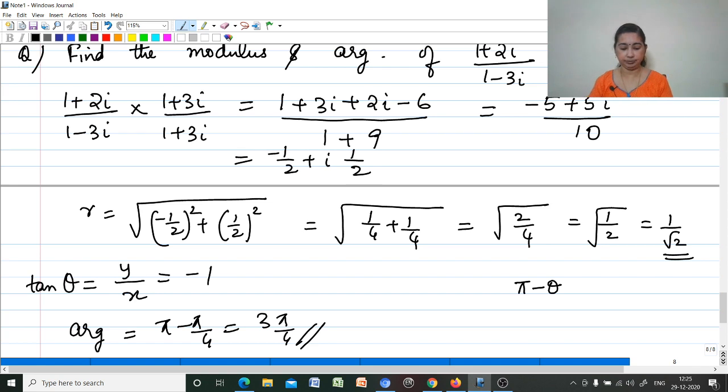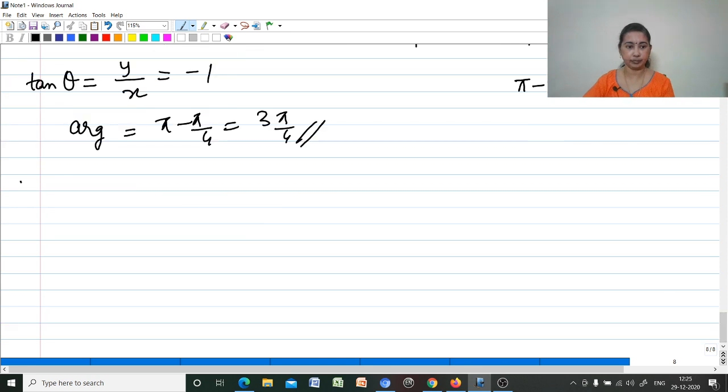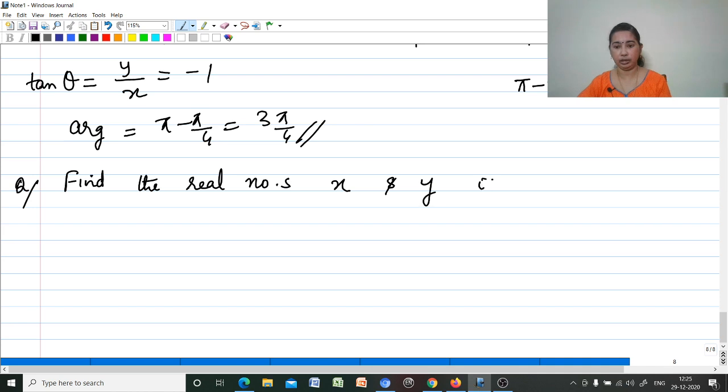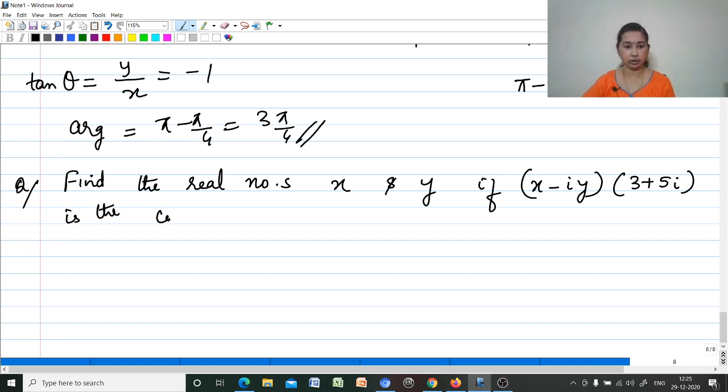Now next one, find the real numbers x and y if x minus iy into 3 plus 5y is the conjugate of minus 6 minus 24i.